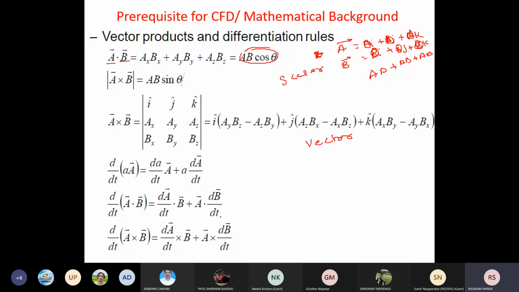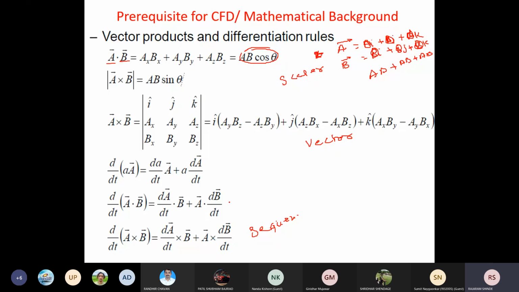Okay. Now this is the derivative of the cross product, that is d/dt of A bar cross B bar equals dA bar/dt cross B bar plus A bar cross dB bar/dt. Now in the case of the cross product, the sequence is also important. Okay.